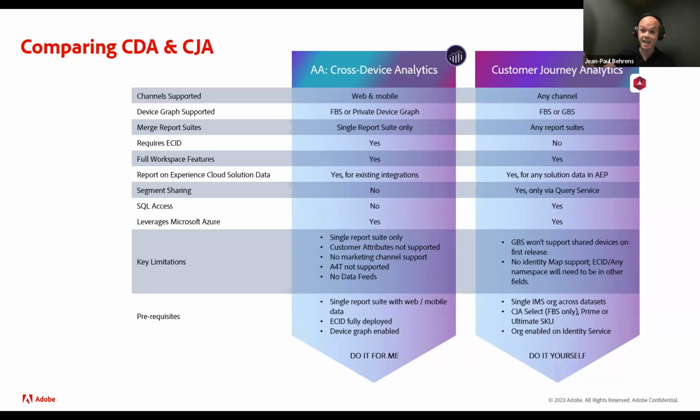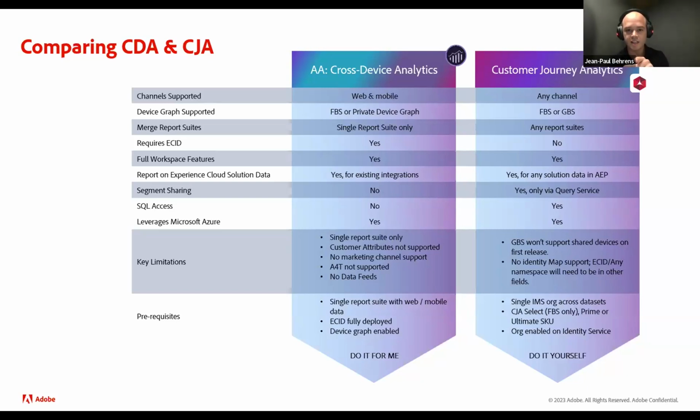CJA does channels, but then that had a limitation that you needed to be authenticated in every one of your data sets or channels. And now it's across channels without having to be authenticated, as long as there's an ID that links them at any point in their journey. In any channel, yeah. Awesome. That's great. And I have another question here.